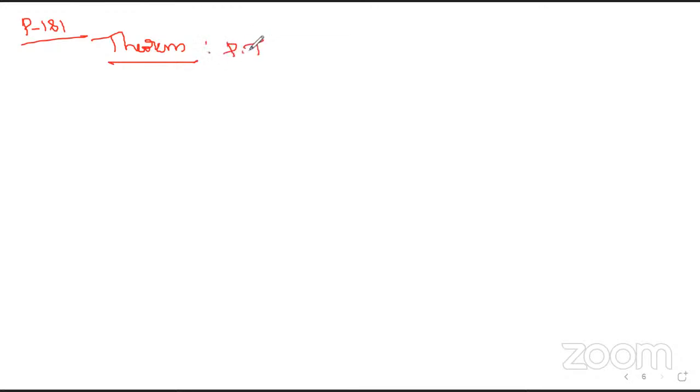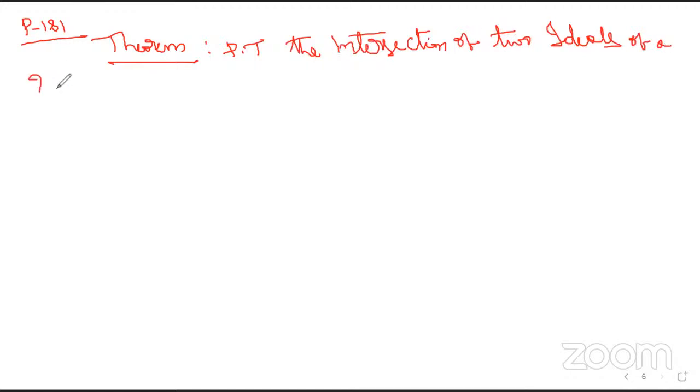Statement: prove that the intersection of any two ideals of a ring R is again an ideal of R.